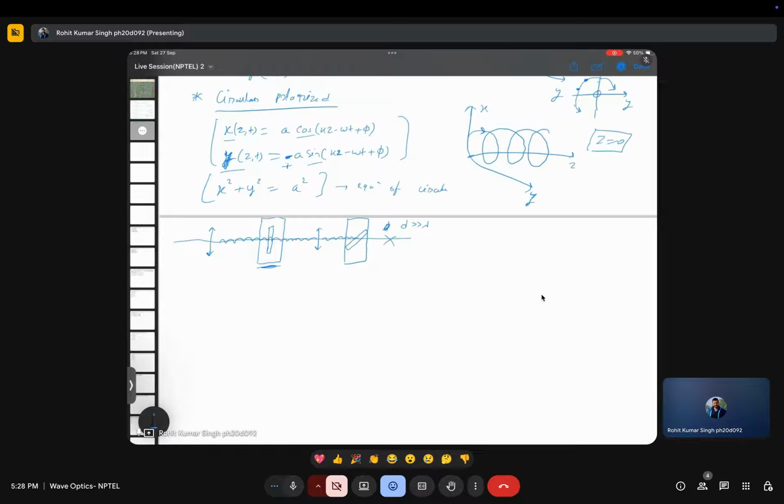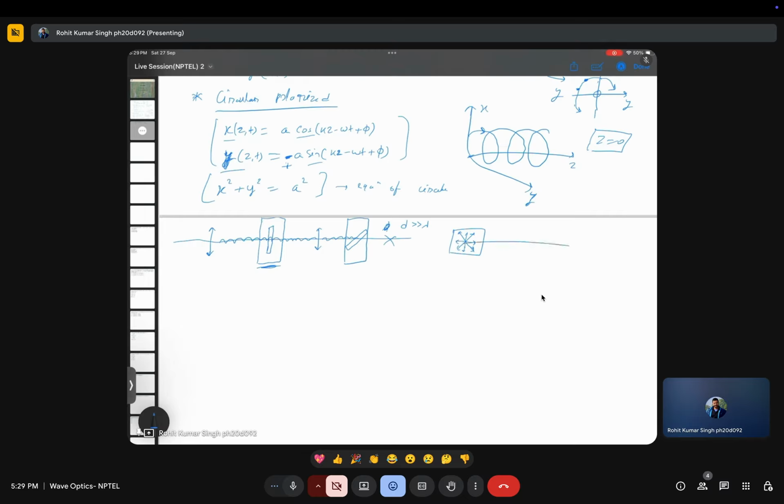So what I'm saying is that white light is unpolarized. What we mean by unpolarized is that it is vibrating in all directions. So we represent it like this. It doesn't have a spatial direction of vibration, the white light that we have everywhere. So it is an unpolarized wave.